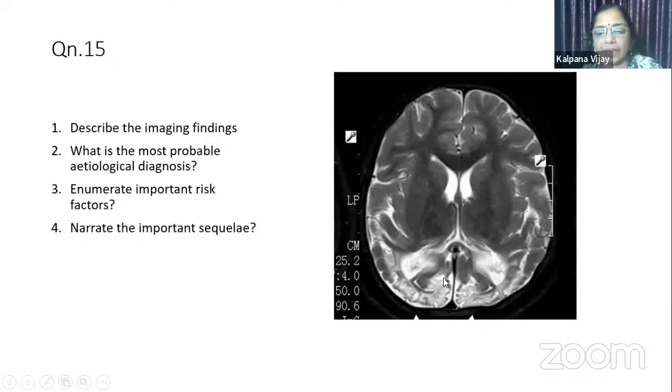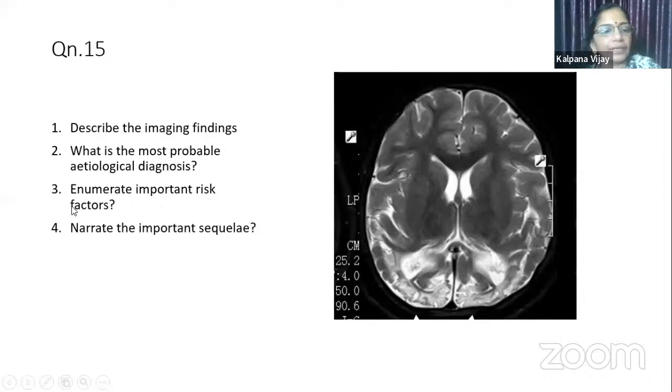There is gliosis and cystic changes with atrophy over the occipital region and somewhat in the parieto-occipital region. So the medial occipital as well as the parieto-occipital region is affected. The most common cause is hypoglycemia.